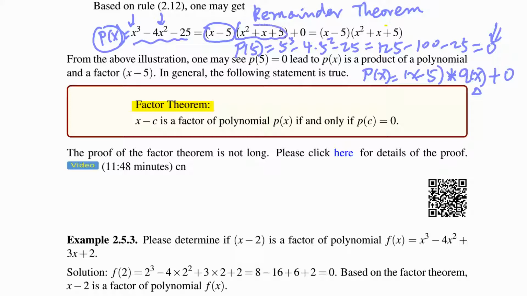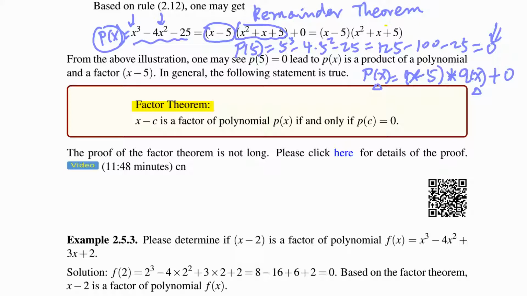But actually, we do not really need this q of x. We can just claim that if p of 5 is 0, then x minus 5 will be a factor of p of x.